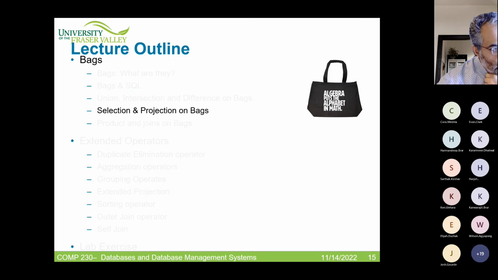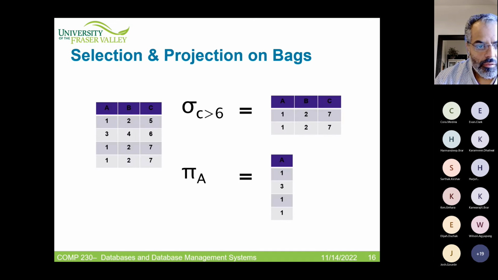So selection and projection, let's return to it, how it will be in the bag. I think we have already seen the projection at the beginning when we talked about what a bag is. So selection, as far as you know about selection, when we have a condition, based on this condition, we are going to select the tuples that satisfy this condition.